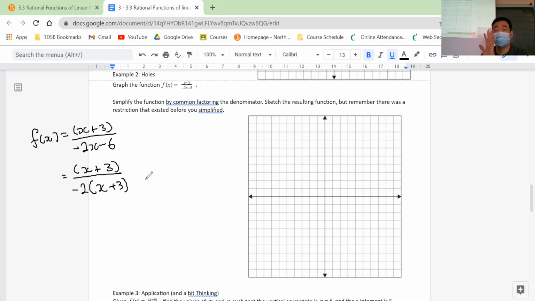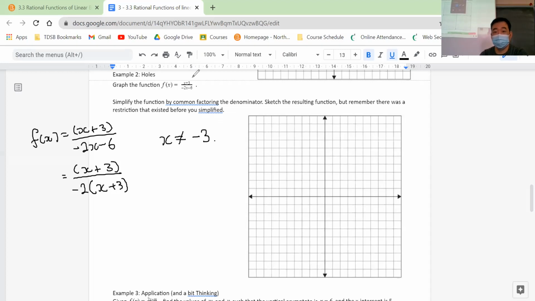Before we do anything, can we first talk about restrictions, please? What is the one value we cannot have for this function? Yeah, because the denominator will turn into negative 3 if that happens. Okay.